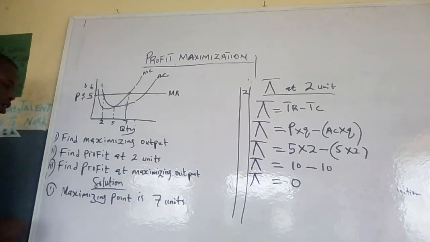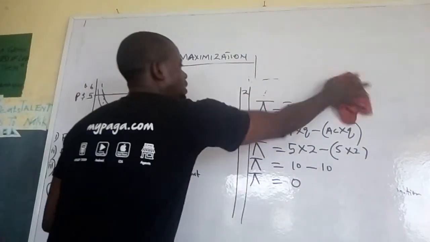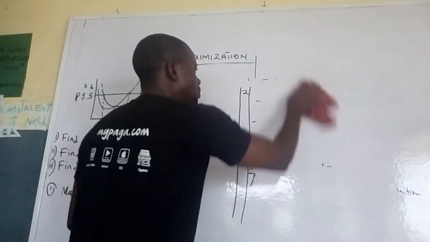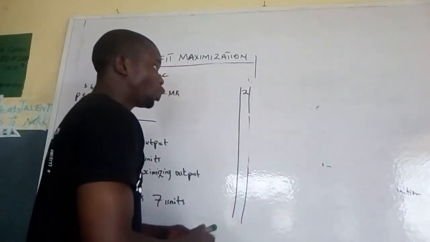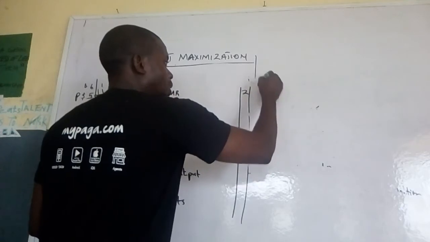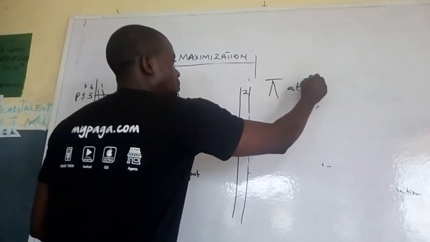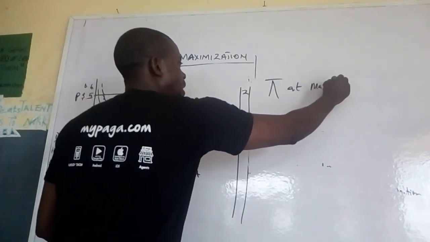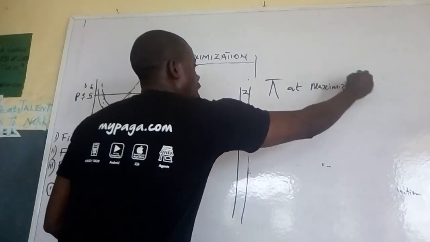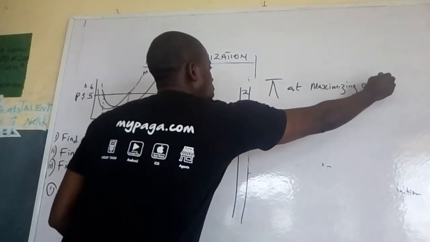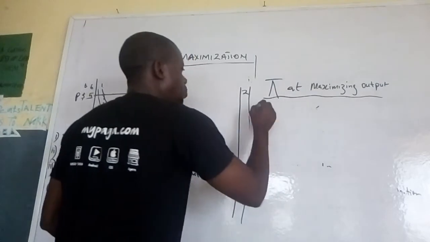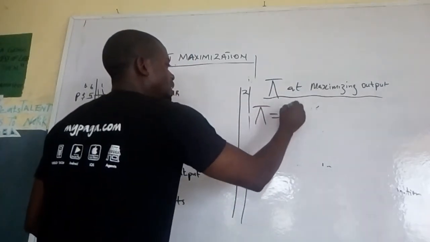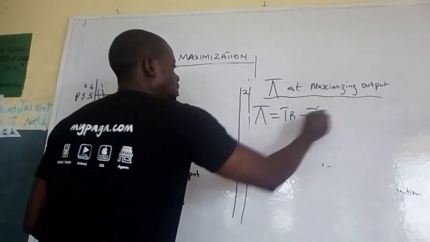Then the third one: find profit at maximizing output. We know our maximizing output to be 7. So our profit remains TR minus TC.